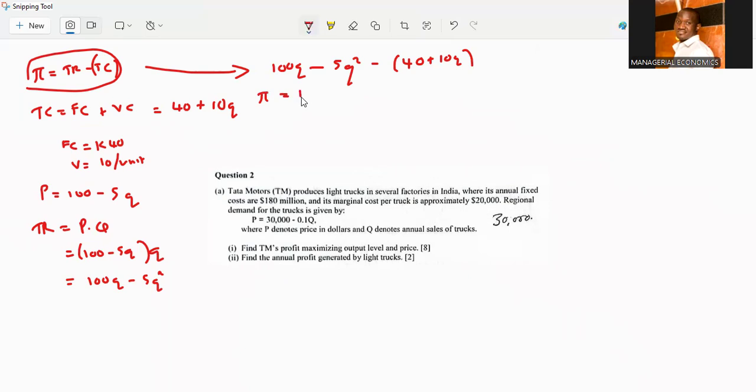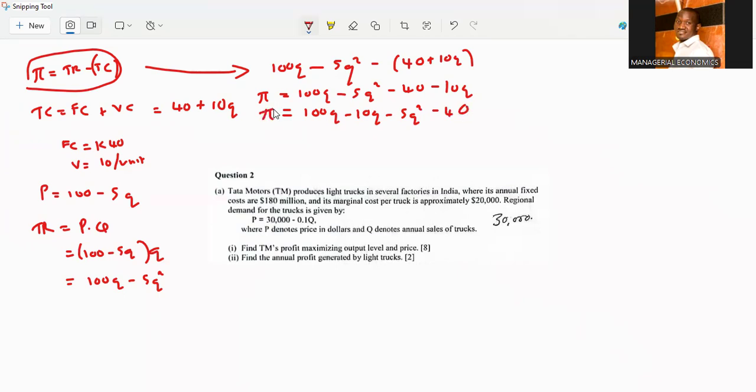This will be 100Q minus 5Q squared minus 40, because the negative will make everything negative, minus 10Q. And you're going to rearrange them, the like terms and the unlike terms together. So this is 100Q minus 10Q minus 5Q squared minus 40.